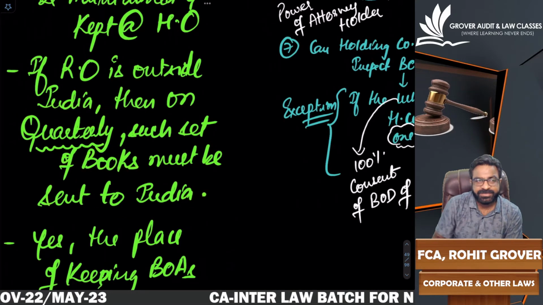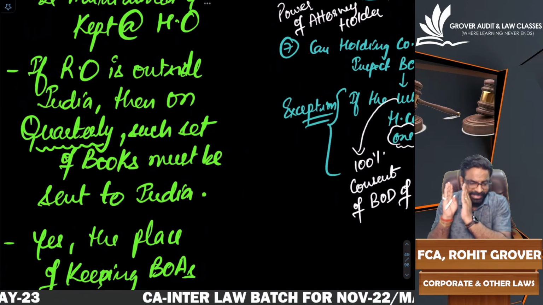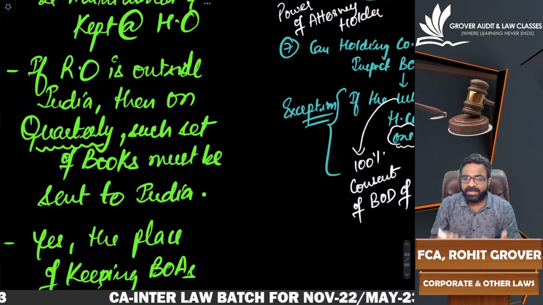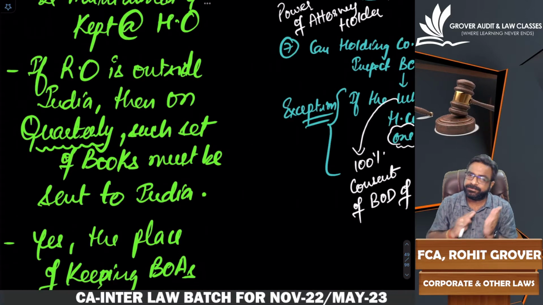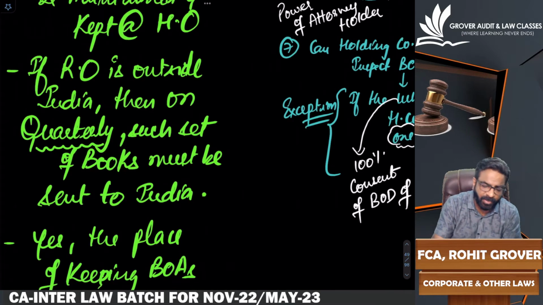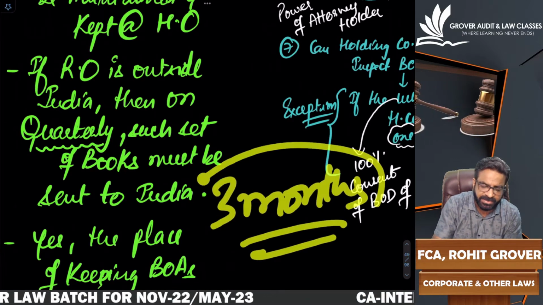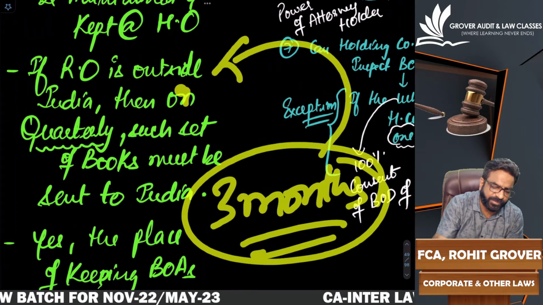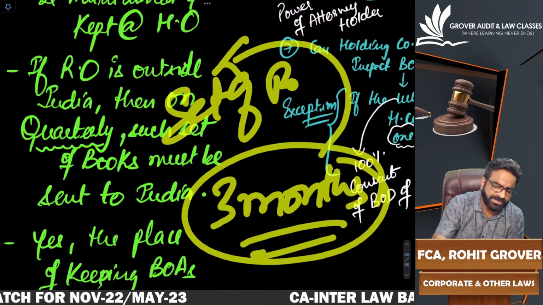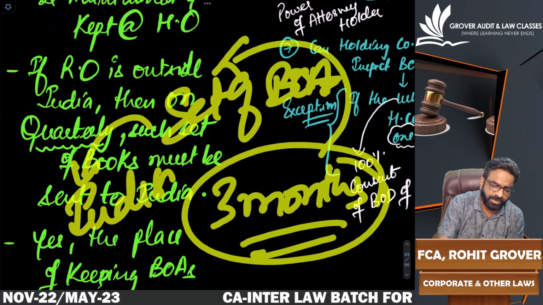Indian office. You get the point? So if my registered office is outside India, we maintain the books of accounts also outside India, but on a quarterly basis. What do you mean by quarterly basis? Every 3 months, the set of those books of accounts must be sent to the Indian office.